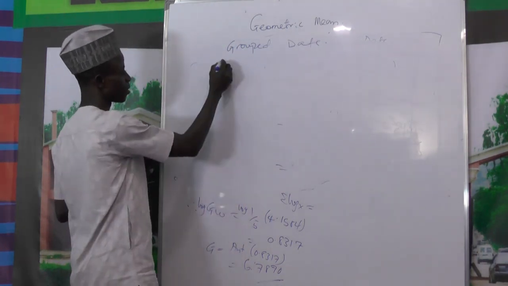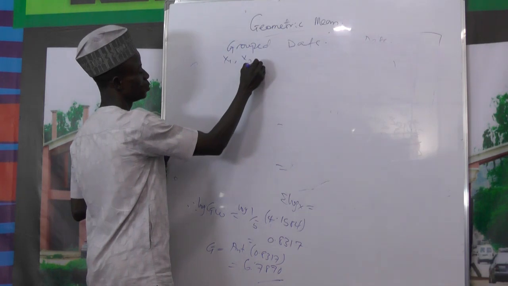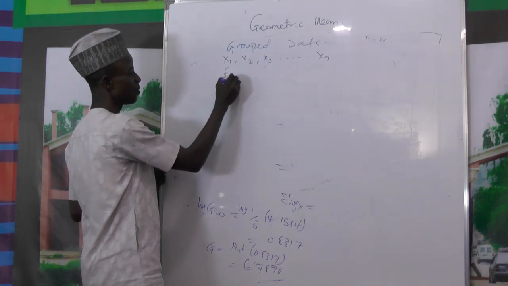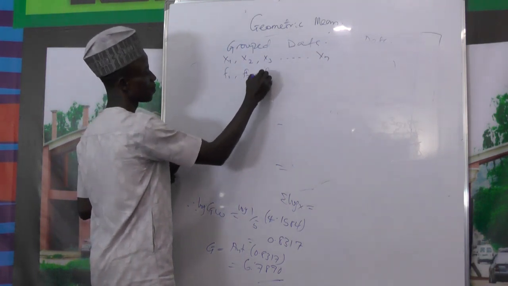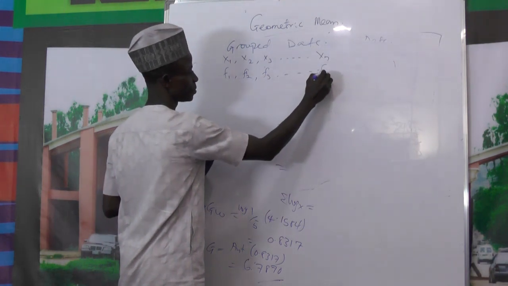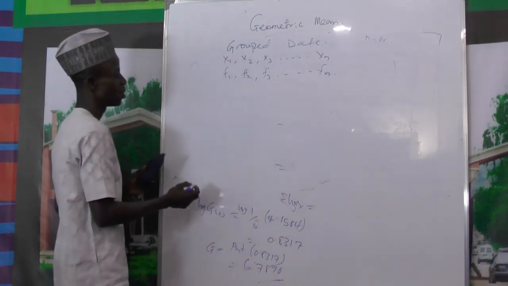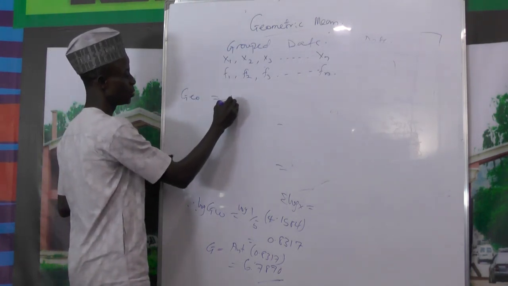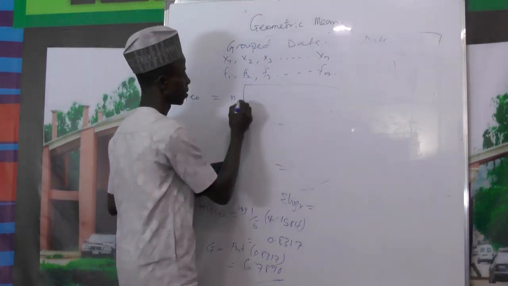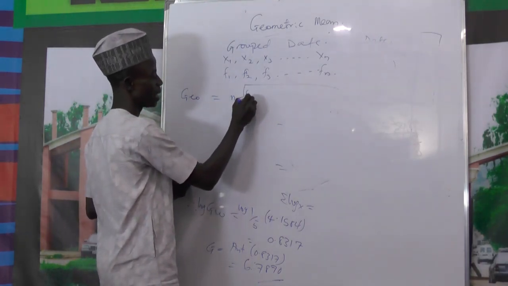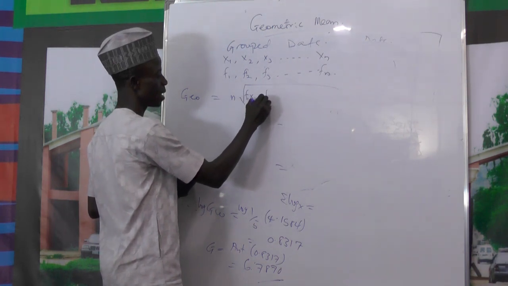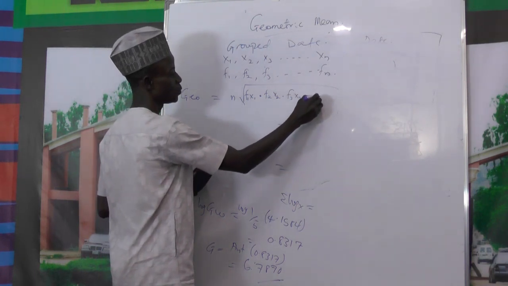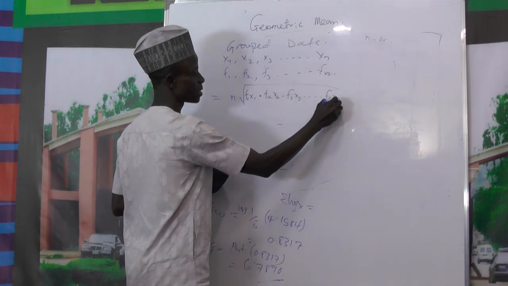When we are having a set of data x1, x2, x3 up to xn, with the frequencies f1, f2, f3 up to fn, our geometric mean will be the nth root of f1x1 multiplied by f2x2 multiplied by f3x3 up to fnxn.